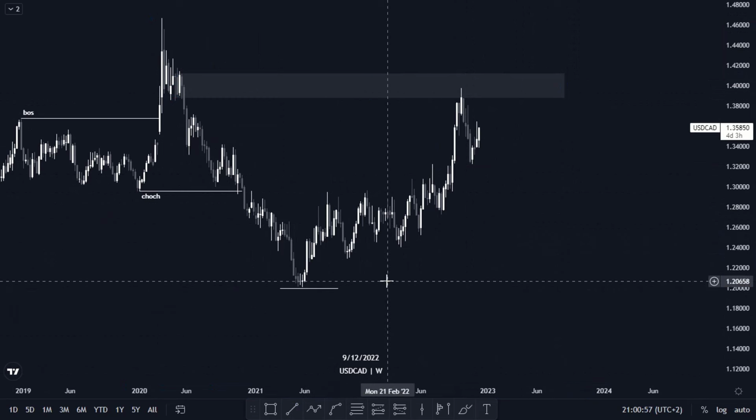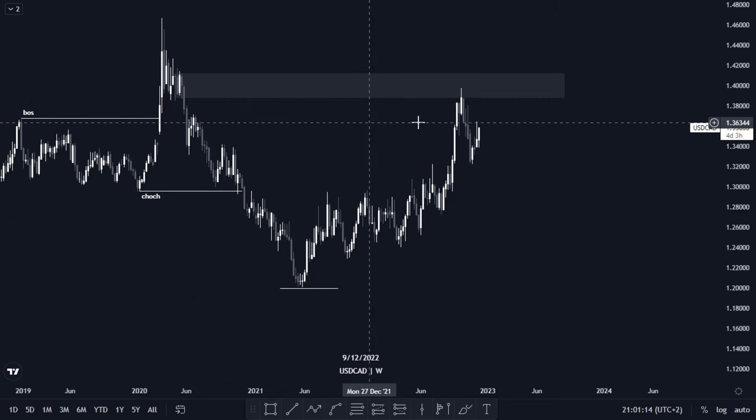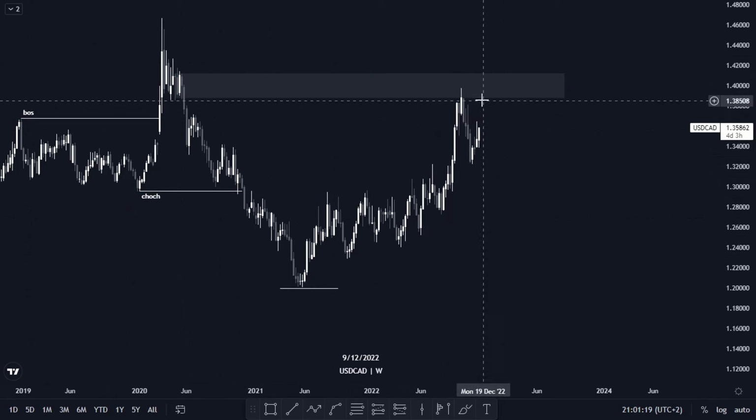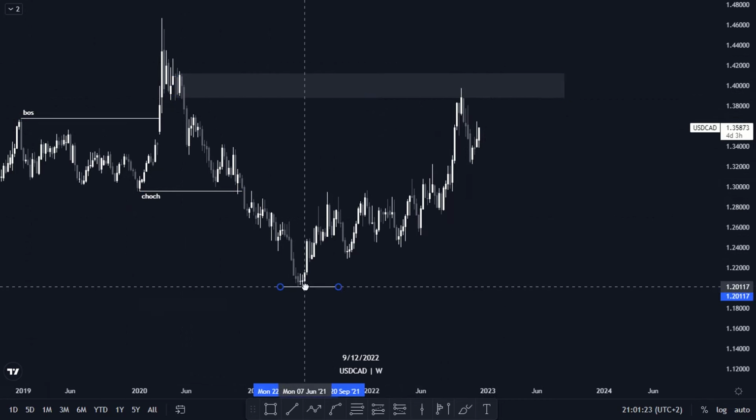So now this is step 2 of our 5 steps. We started with the major trend, which is the monthly time frame, and now we moved to the weekly time frame. And on the weekly time frame, we can see that we have a BRS and a change of character, and it tapped into our weekly order block here, and we're expecting it to break this low here.